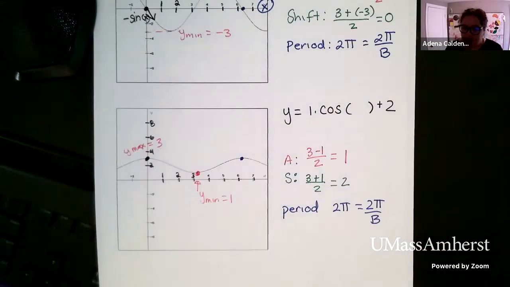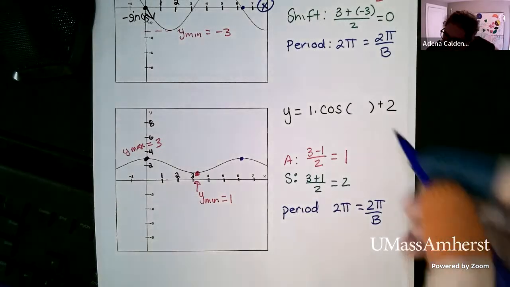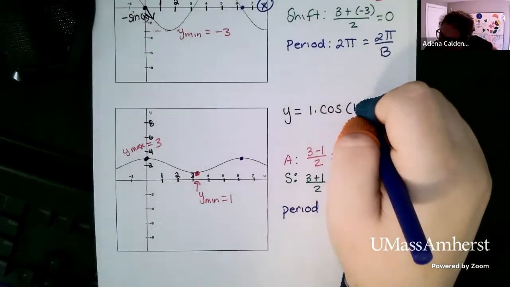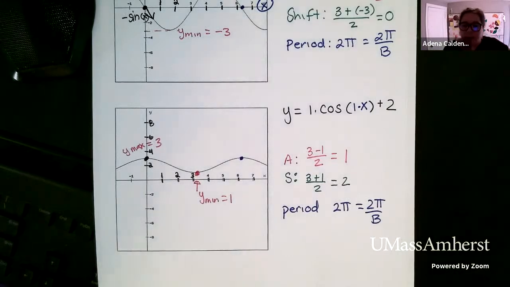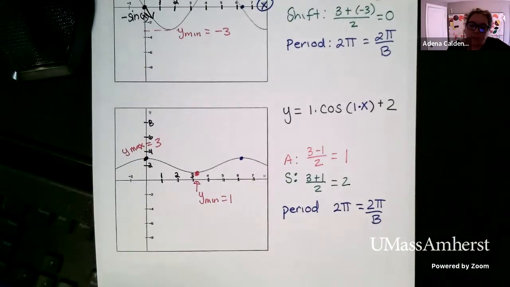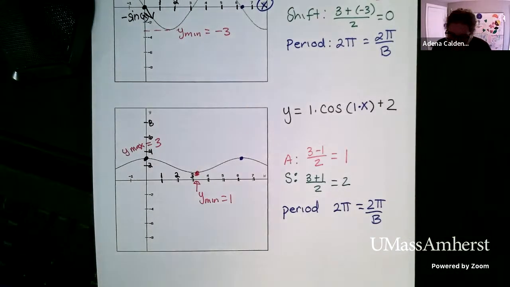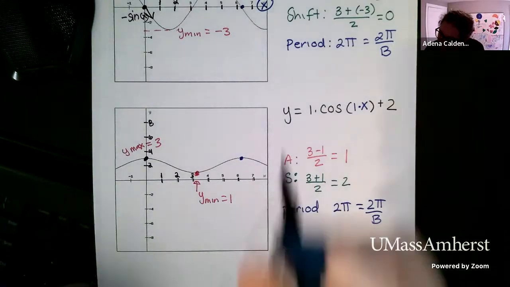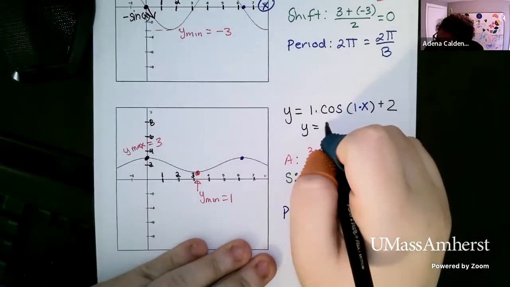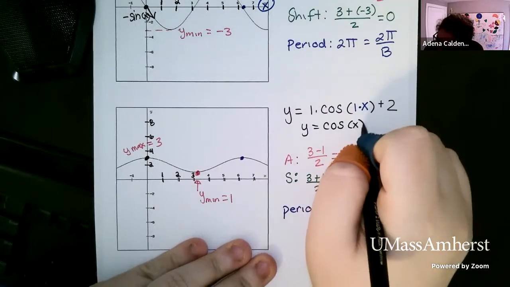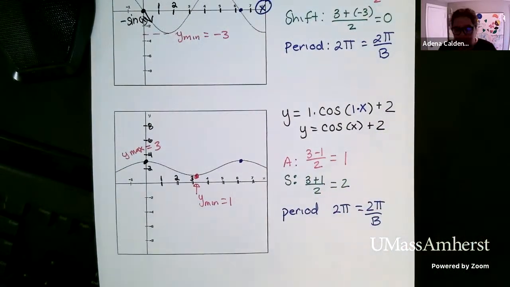Again, my b is going to be 1 here, right, to make those equal. So I have 1x. So I have 1 cosine of 1x plus 2. And again, we don't usually write the ones, so we could also write this as cosine x plus 2.